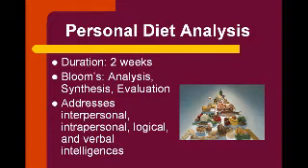And this also hits the evaluation as they look at their own personal diet and sort of recognize their faults and strengths. Now, these lessons do not focus on all 8 intelligences. They include interpersonal, intrapersonal, logical, and verbal.